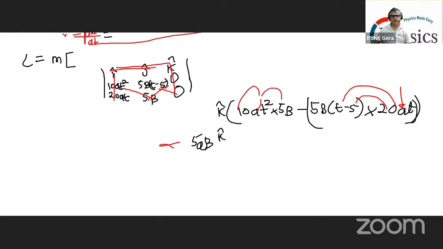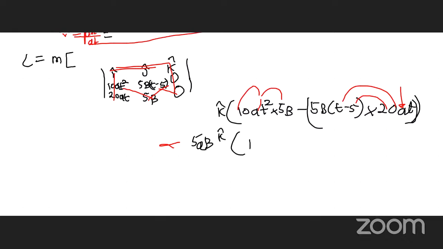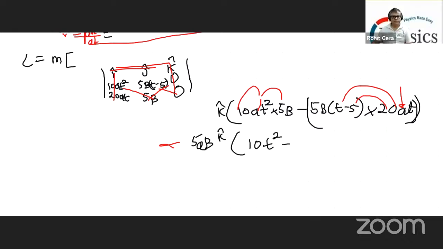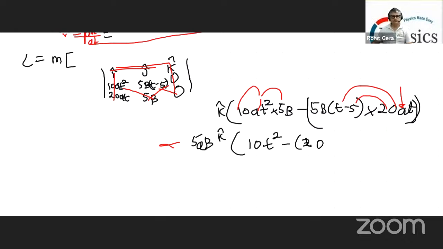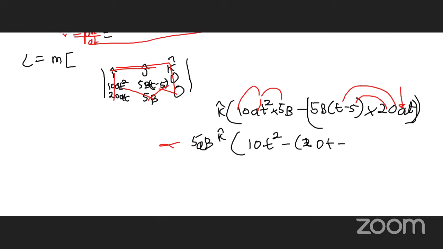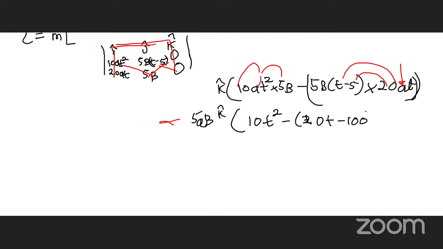So only 10 t square into t minus 20 t minus 100 equals to 0.